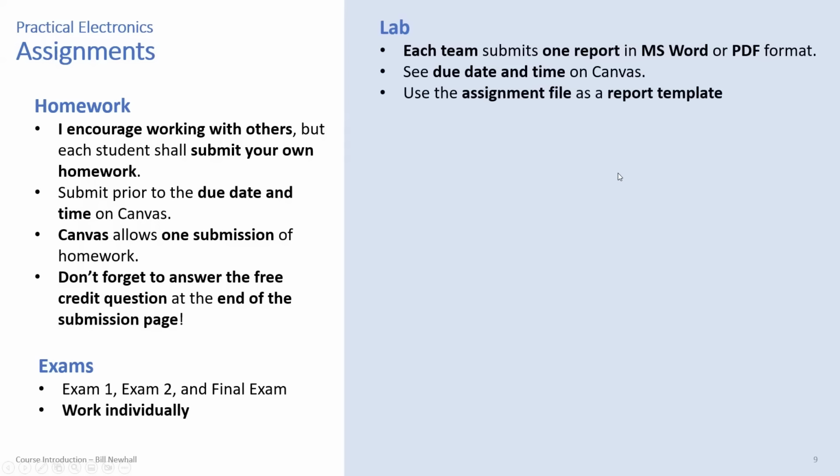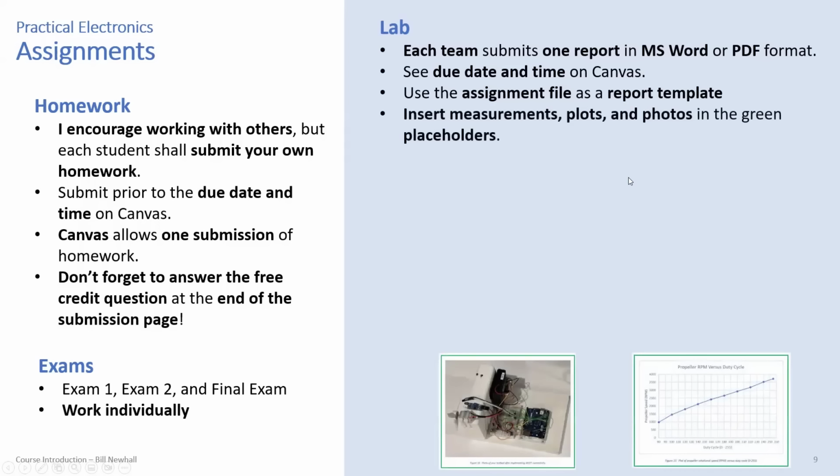You're actually going to use the assignment file as the report template. There are spaces in the assignment file to insert measurements, plots, data, photos, and schematics. Right, there are some placeholders. So you'll take a picture of your project, or you'll capture a graph and enter that into your report.